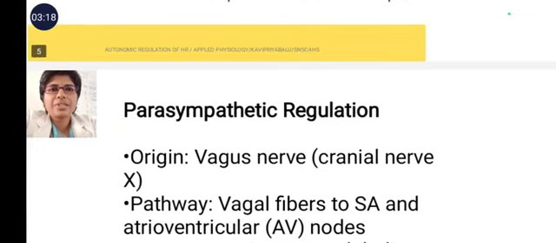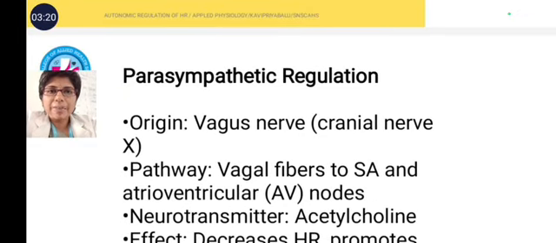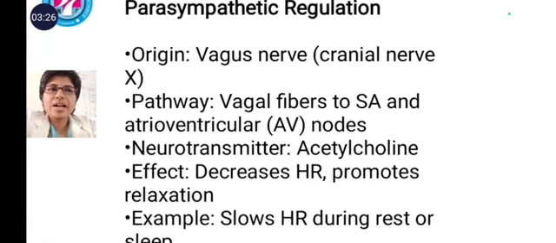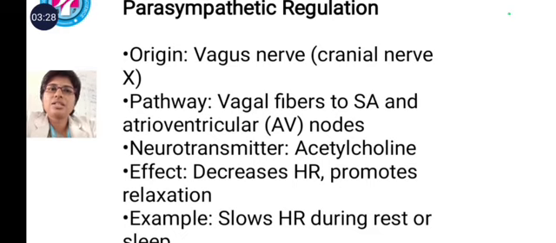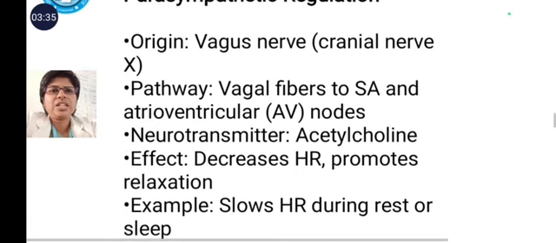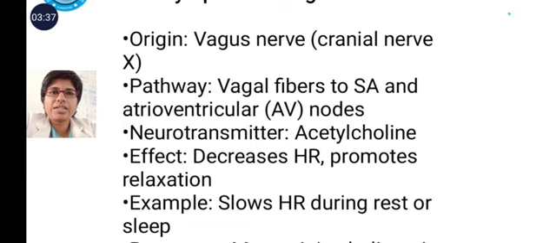Now parasympathetic regulation. It originates from the vagus nerve, the 10th cranial nerve. Its pathway is through vagal fibers to the SA node and AV node. The neurotransmitter is acetylcholine, which decreases the heart rate and promotes relaxation of the ventricular muscle cells.